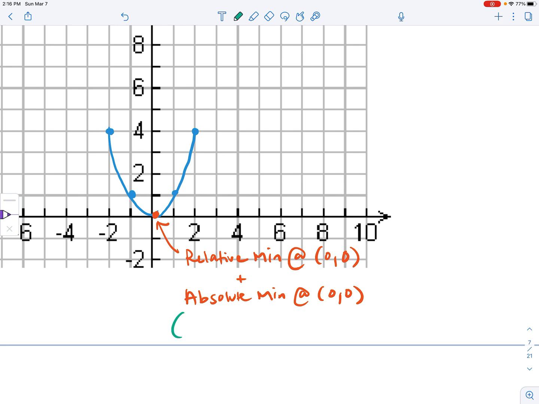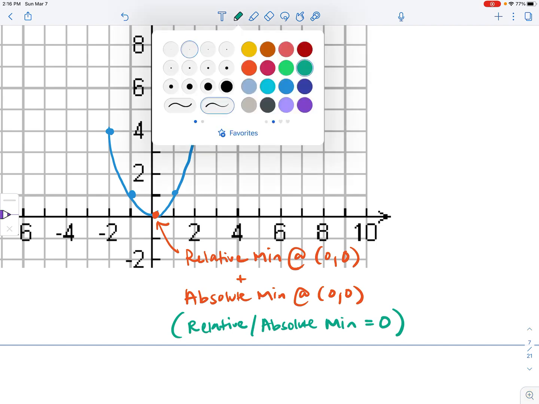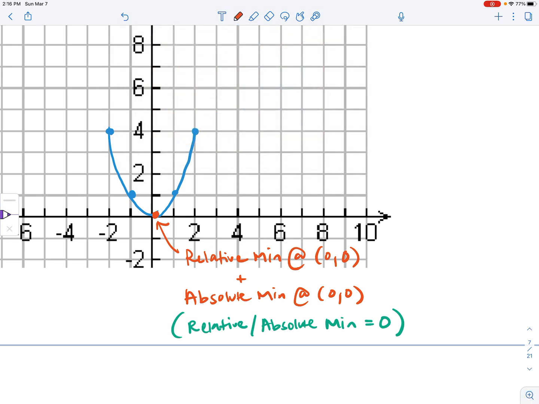Okay, so we can say that the relative and the absolute min is 0. Now there's no relative max. There's nowhere the graph changes from increasing to decreasing on that interval again.